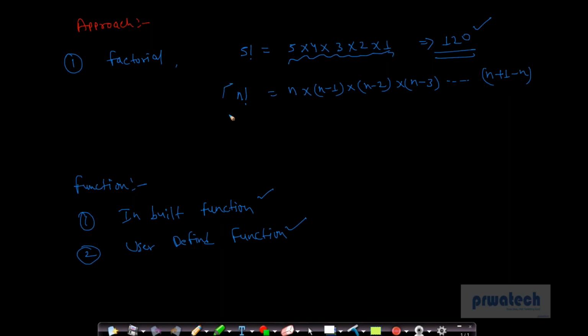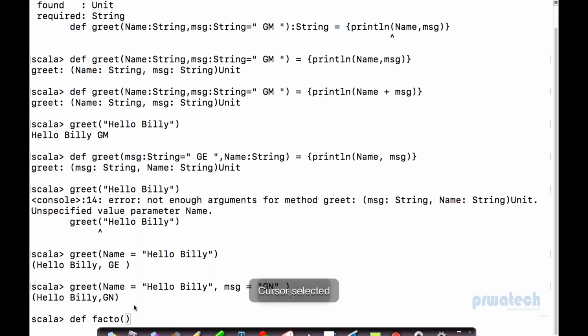Now I want to write this logic in my function. I want to replicate this logic in my function. So I'll build here def facto, and it needs just one argument. I'll take n, and to handle the big number, I'll say BigInt, which is kind of long, 8 byte.